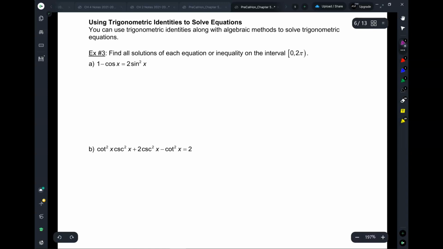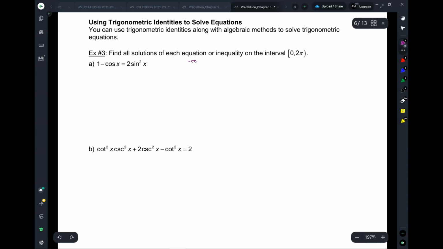So let's find all solutions here over the interval 0 to 2 pi. Okay, so look at this one. The first problem we have here is you have a cosine and a sine, and you can't really factor them out like the other one. Plus, this is a sine squared. When you see the sine squared, that should tell you Pythagorean identities, okay?